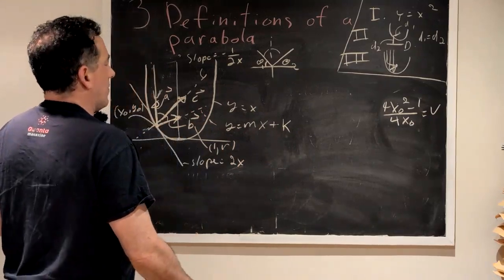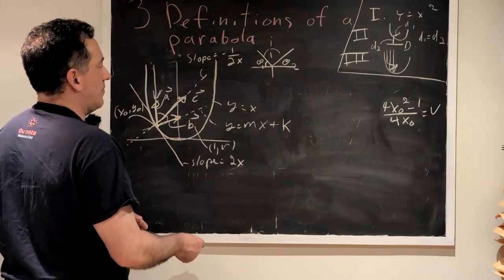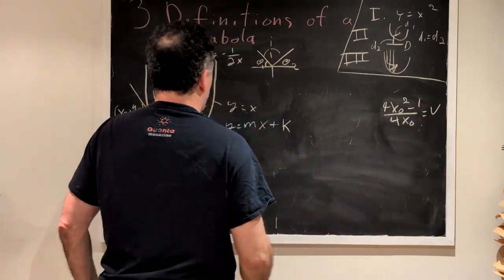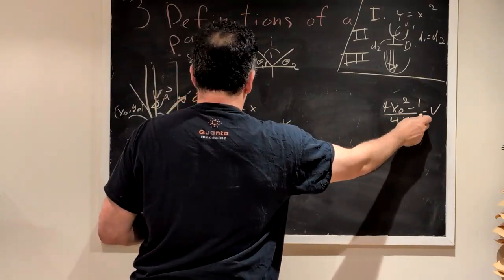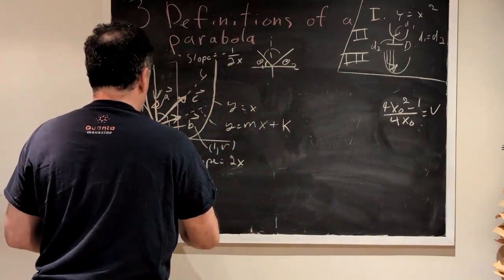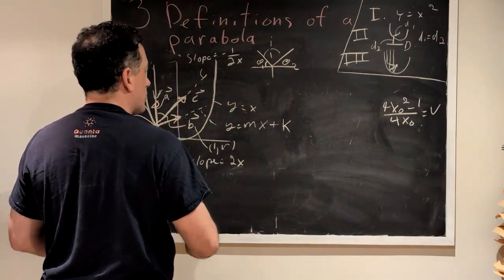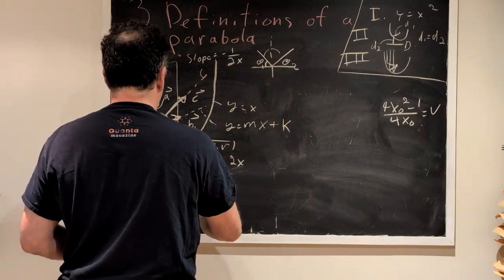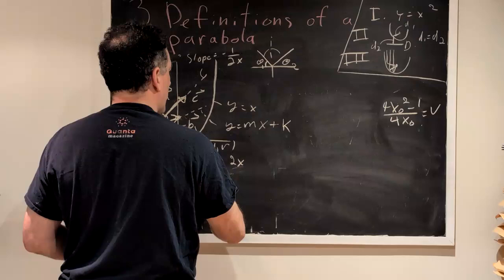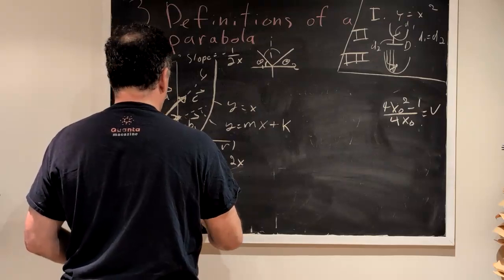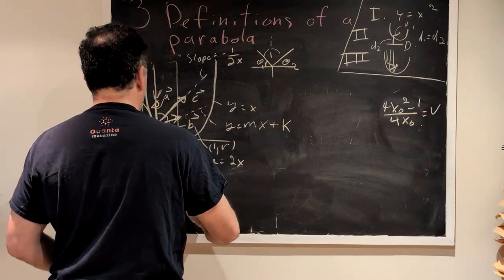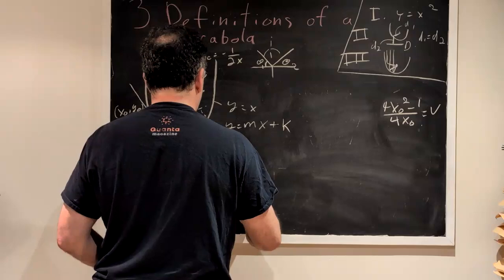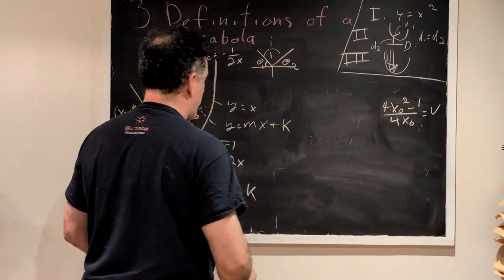And we had that v is equal to this thing, so the slope is simply v divided by 1, and we have y equals 4x0 squared minus 1 over 4x0 times x plus some offset k.